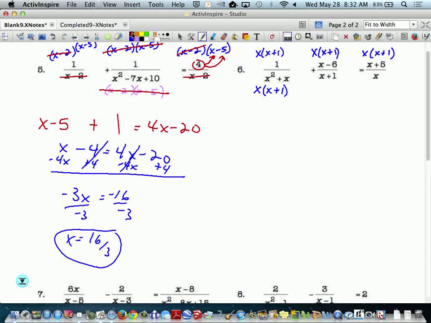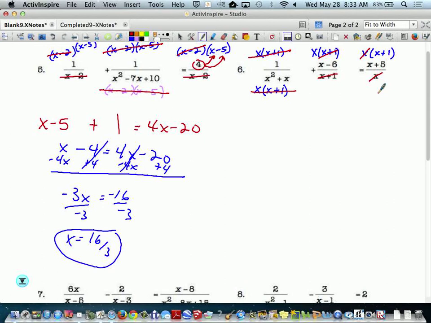So in the very first term, get rid of everything, right? In the second term, get rid of the x plus 1. In the third term, get rid of the x. Then step back and look. Did you get rid of all of your denominators? Yes.